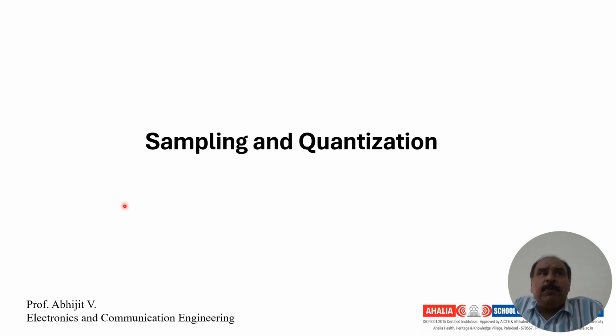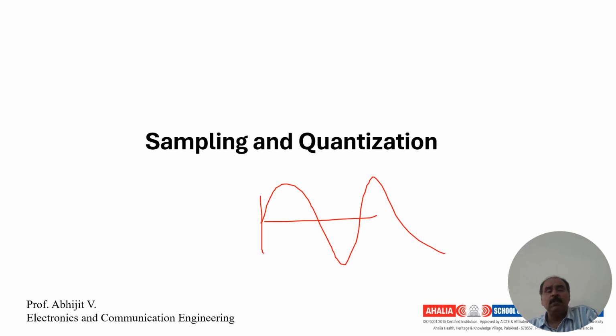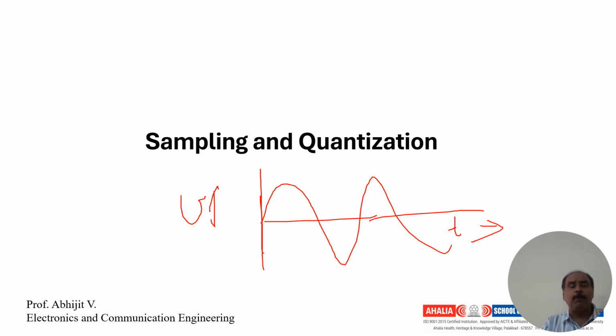The next thing we are supposed to study is what is meant by sampling and quantization. I'll give you a small brief explanation about sampling. Let us consider a sinusoidal wave or some wave like this. This is a message signal. I want to convert this into a digital signal. It is a time varying process and you have time here. You have some value of amplitude going up in this manner. Sampling is the process with which you select different points.